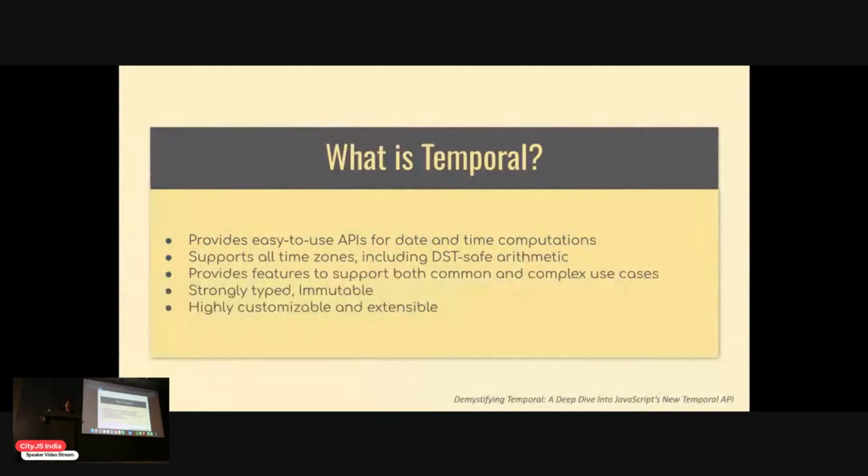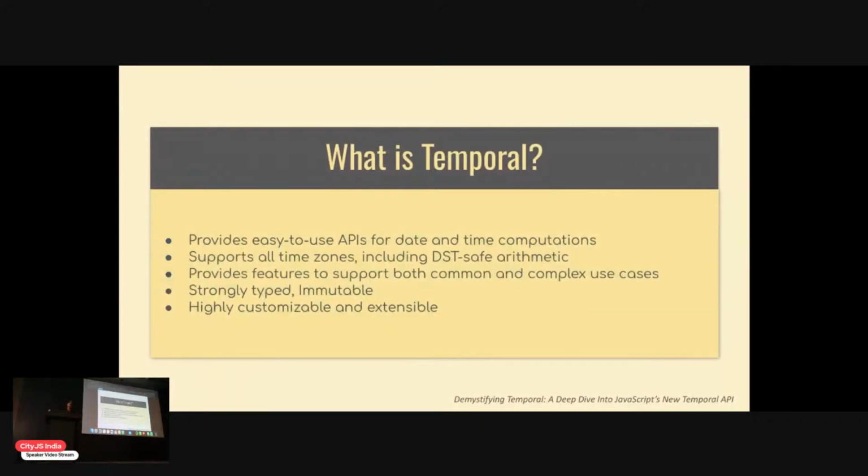Okay, so Temporal is a modern datetime API which is actually kind of a better version of the current Date API. In the current scenario, all of us use libraries like Moment.js to deal with datetime in JavaScript, right? But that adds a lot of payload to our apps, and we don't want that.